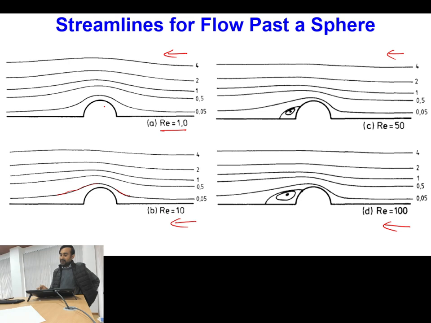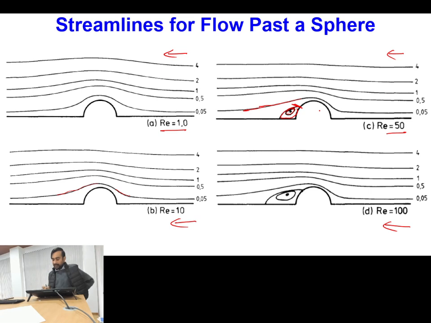Okay. Then if I go to a slightly higher Reynolds number, I will find that I have the formation of an attached vortical structure just downstream of the spherical body, and then I have separation of the boundary streamline, something like this. So at this point I have actually separation of the flow.